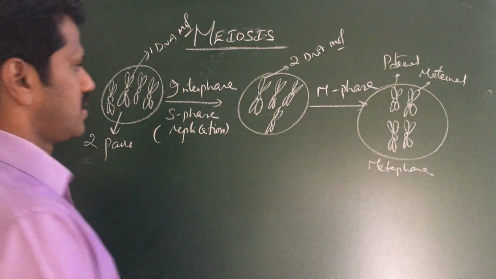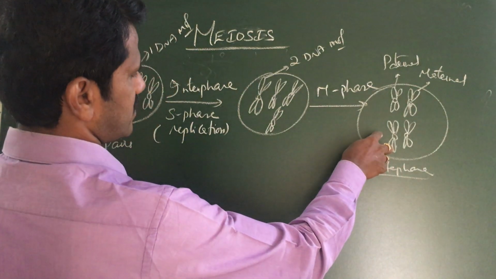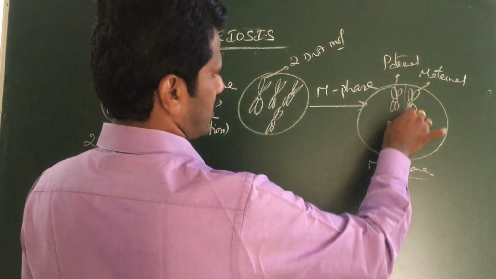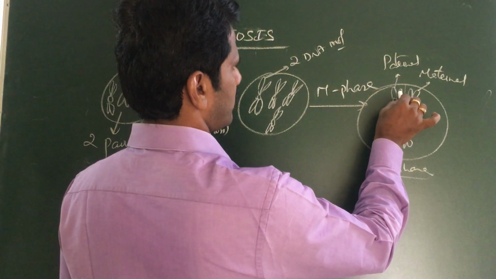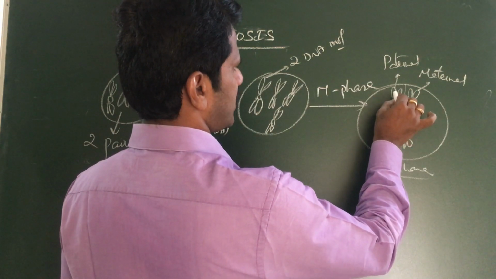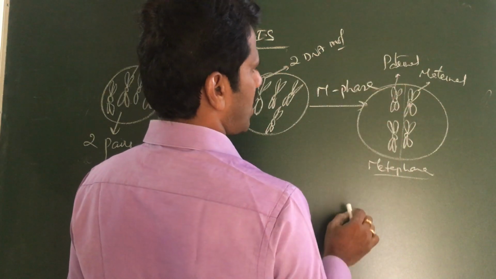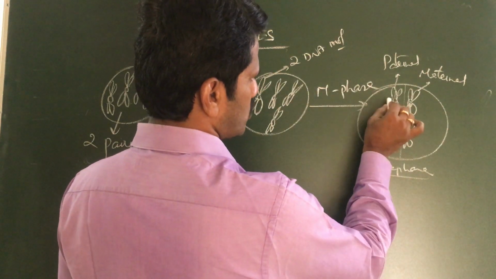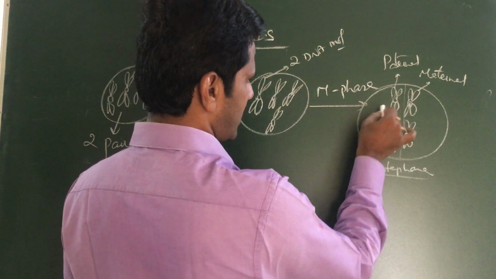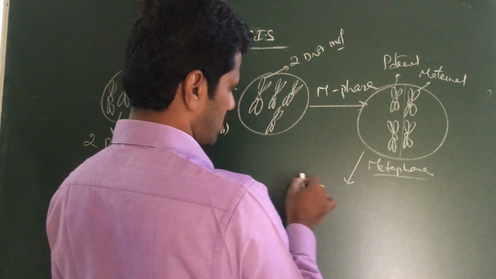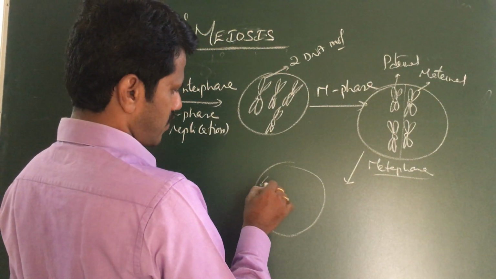So in the M phase, they align at the line of equator. Now the chromosomes will get separated with the formation of spindle fibers.